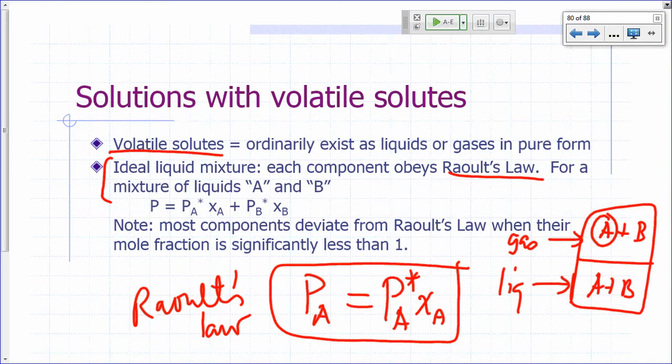So Dalton's law of partial pressure says that the total pressure of your gas mixture is just the sum of the partial pressures of the components.